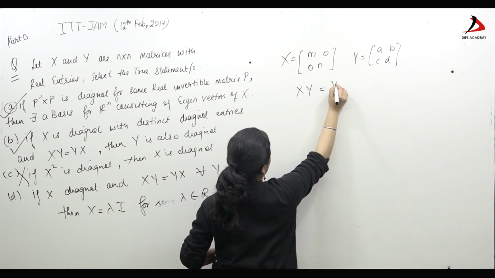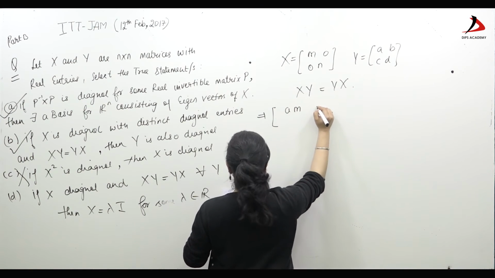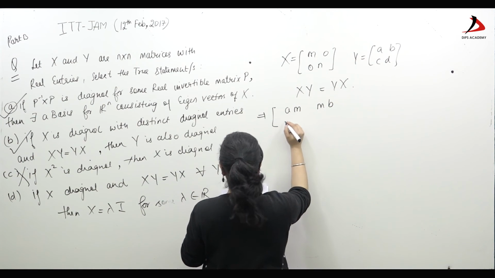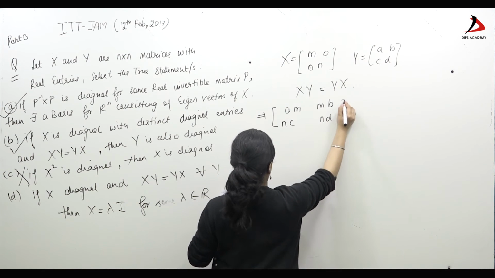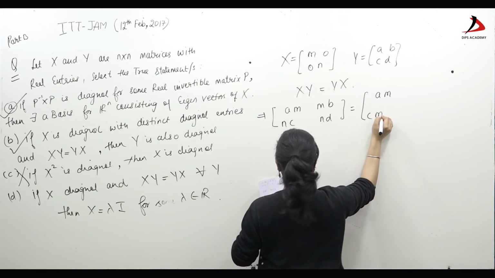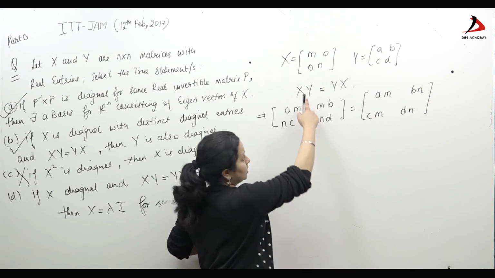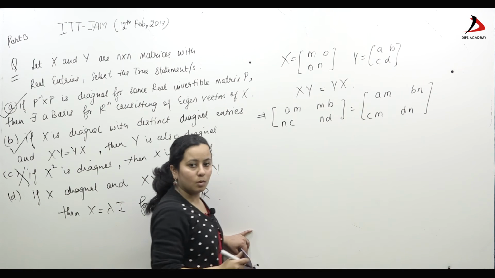If X commutes with Y, it will imply am, mb, nc, nd equal to am, cm, bn and d. This is XY and this matrix is YX.